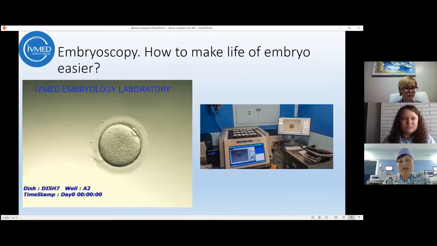But mostly, what can we do in our embryo laboratory to make the embryo's life much easier? How can we handle the embryo in the laboratory to do all the best for its development? We like to use embryoscopy, and you can see the culture incubator, the embryoscope, in our lab.